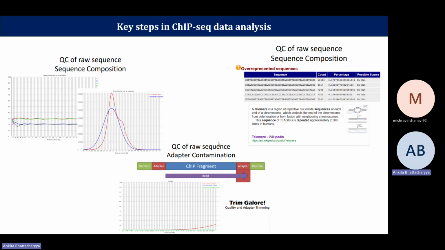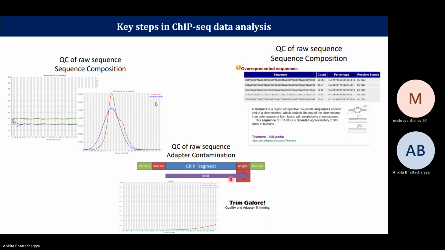Then you have raw sequence analysis, including overrepresented sequences, which most commonly include telomere, which is what you see here. After that, you also use a tool which is going to trim your data. The example given here is Trim Galore. You can also use Trimmomatic or any other tool which is able to do the same job.